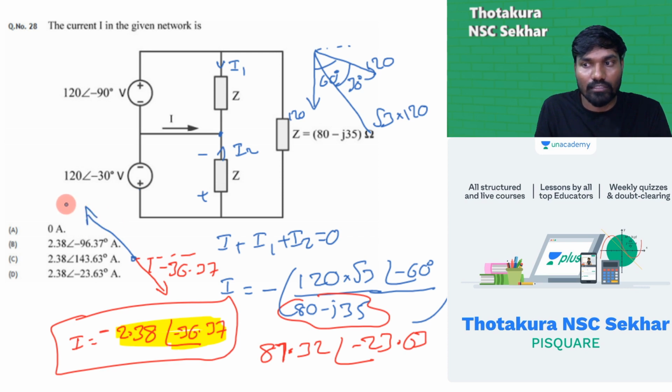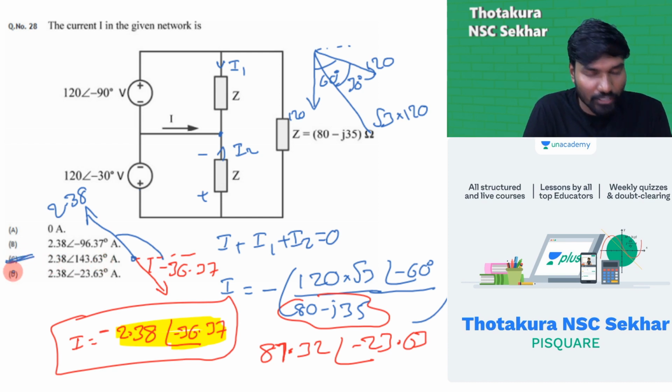This is the final vector with the same 2.38 length, and this angle will be how much? 180 minus 36.37, you will get 143.63. So the answer is C. This is the only tricky part, you should be careful.